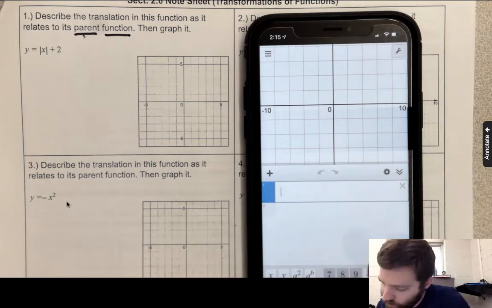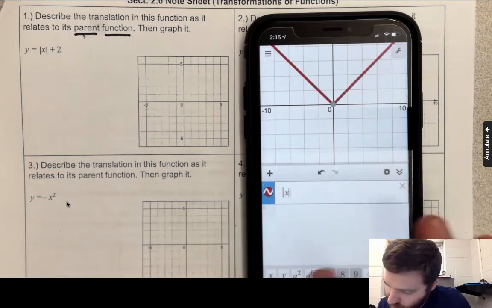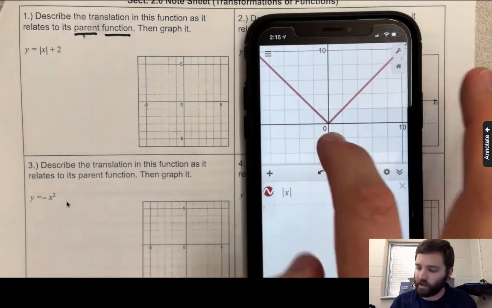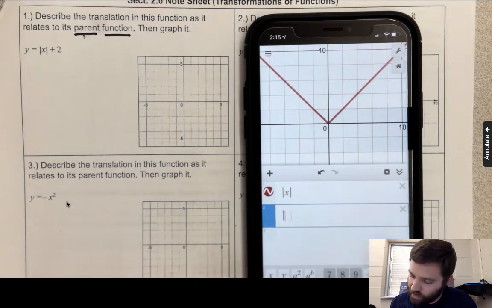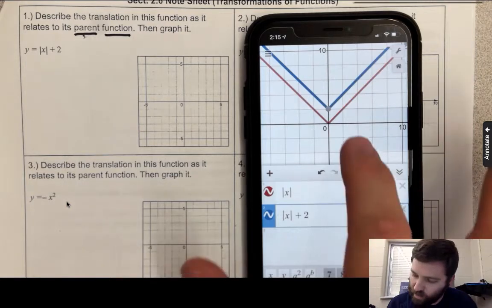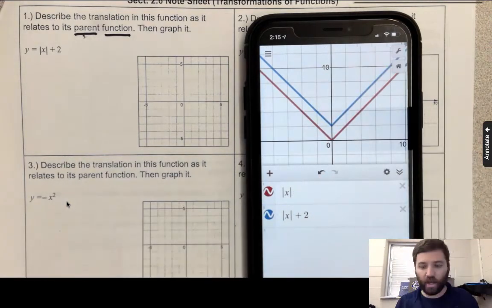But for right now, let's just graph the absolute value of x. That's the parent function there in red. All right, and then let's graph absolute value of x plus 2, and make sure that you're outside of the parentheses. That will make a big difference. Okay, and so you can see that that graph is just moved up 2.